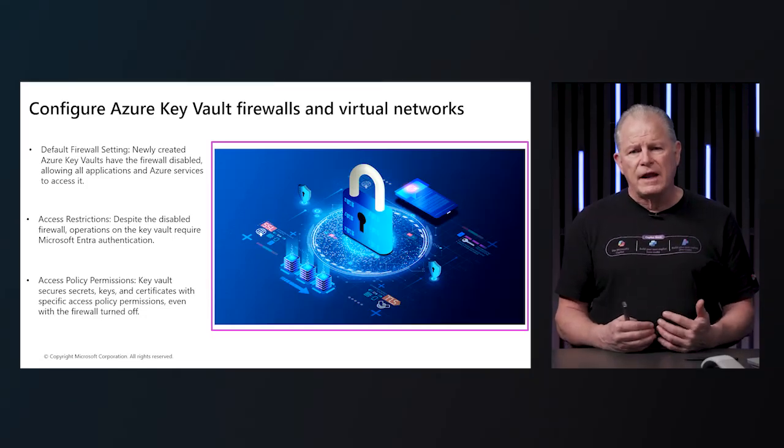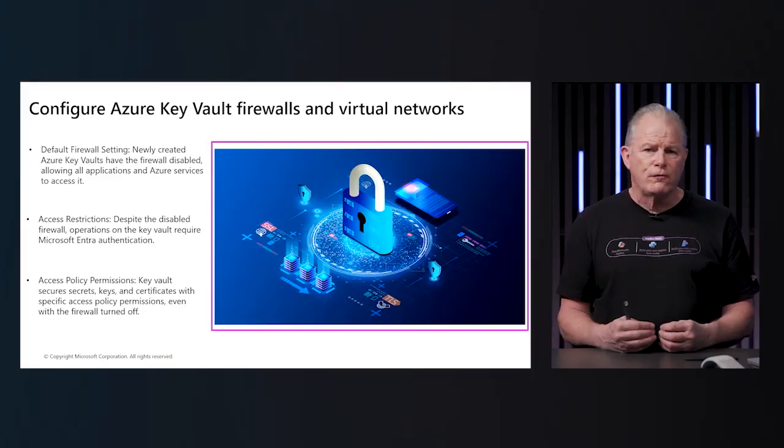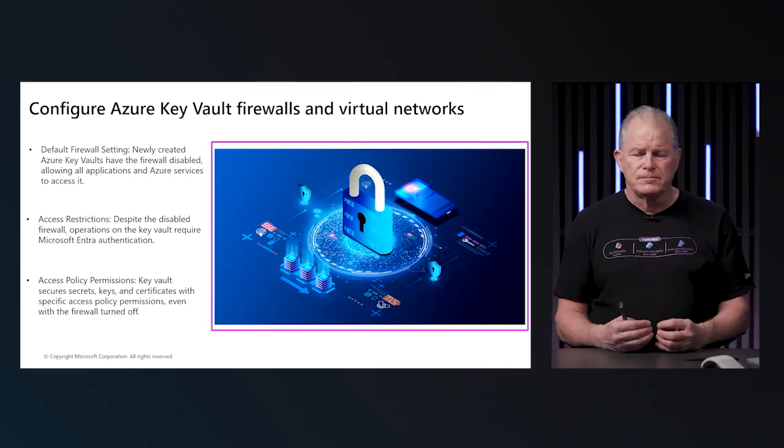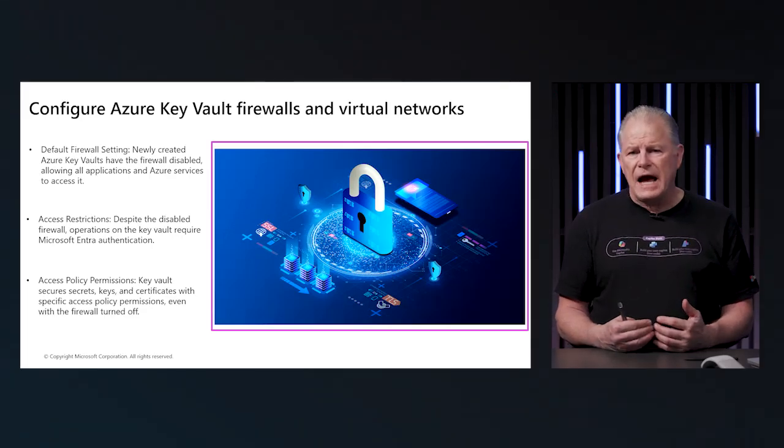It's important to note that after firewall rules are in effect, users can only perform Key Vault data plane operations when their request originates from the allowed virtual networks or Internet Protocol IPv4 address ranges. It also applies to accessing Key Vault from the Azure portal.